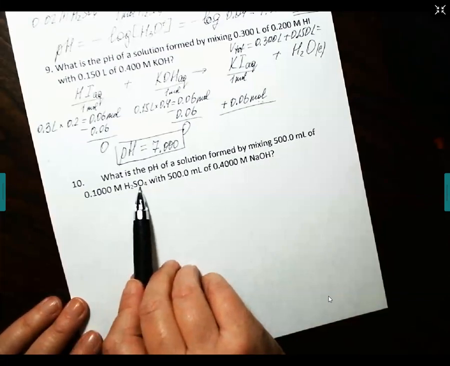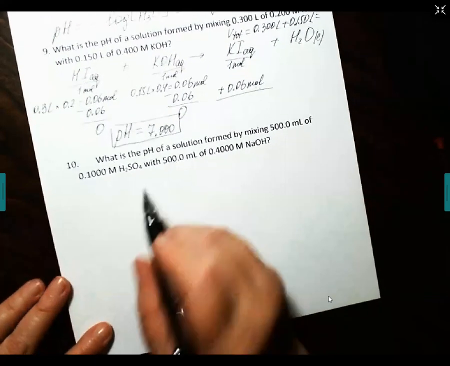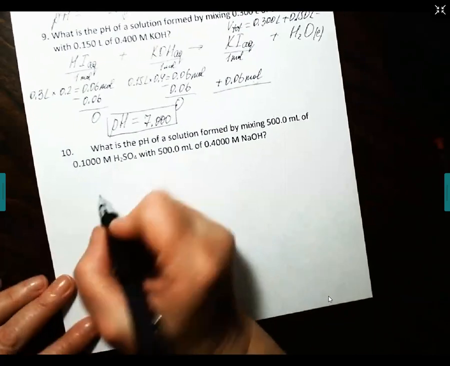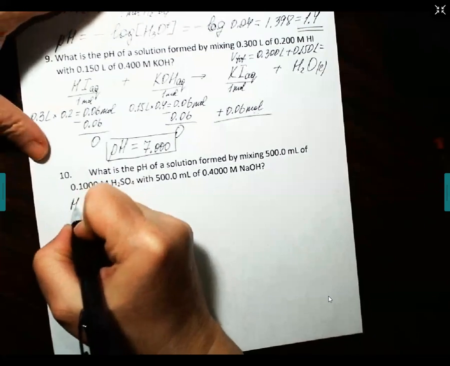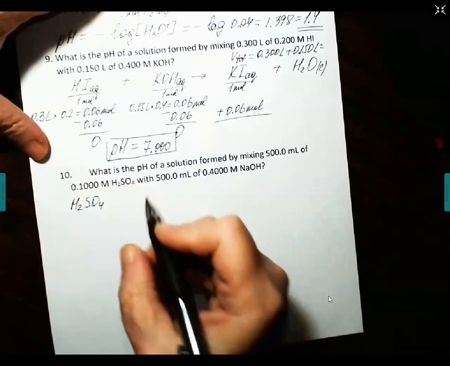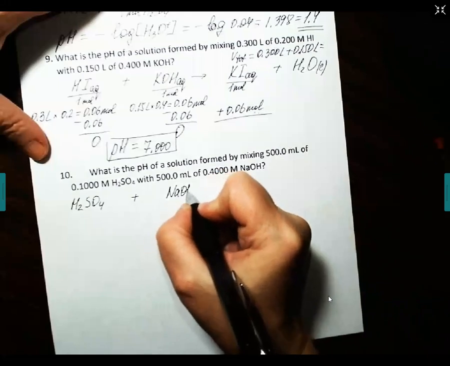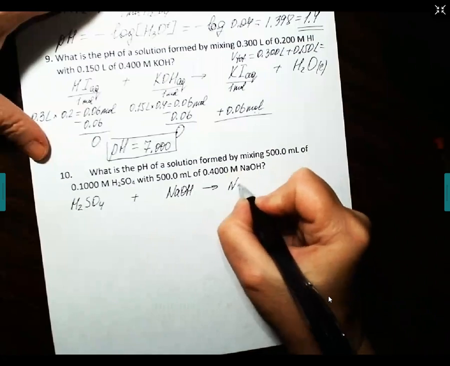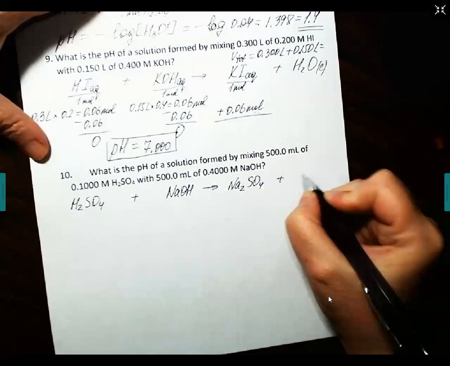So this one is a little more complicated. Now, again, as always, let's write and balance the reaction. So it is diprotic acid, sulfuric acid, plus sodium hydroxide gives us sodium sulfate and water.